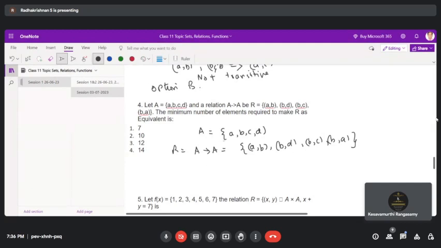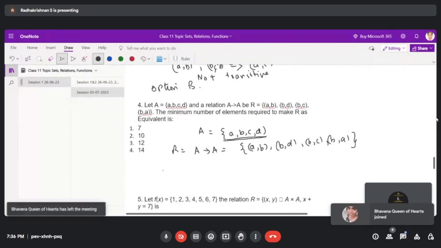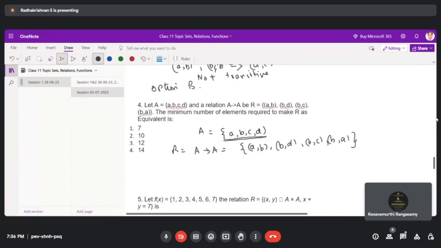In this kind of general set, if it has to be an equivalence, then all the subsets, except the null set, should be there. So all the combinations, one minute, A, B, C, D, I'll write it like this.